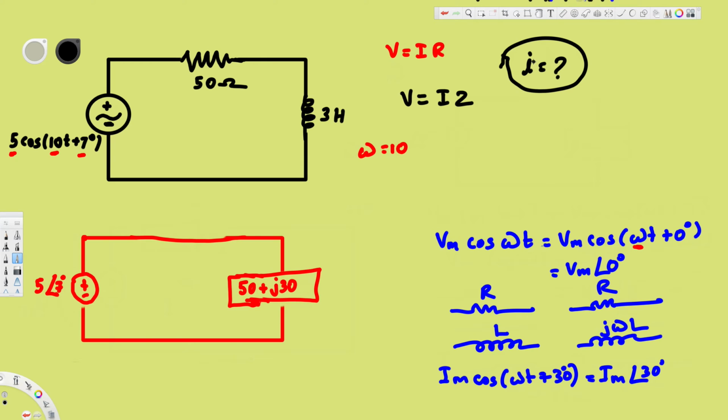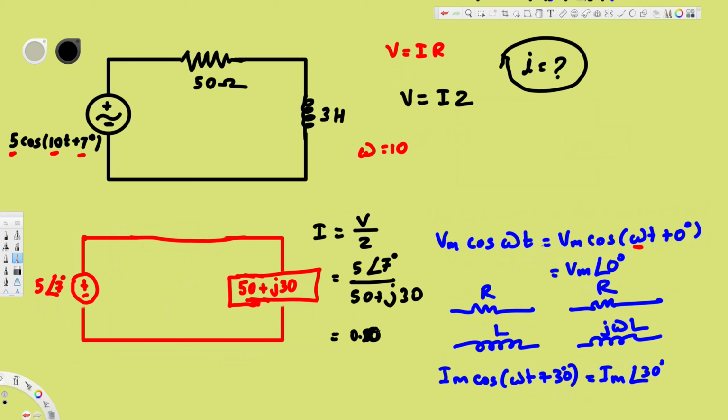This is the one we are trying to find, but let's find this capital I first, then convert it back into time domain. So V is equal to IZ, therefore I is equal to V over Z. In our case, V is equal to 5 angle 7 degree, and the impedance is 50 plus j30.